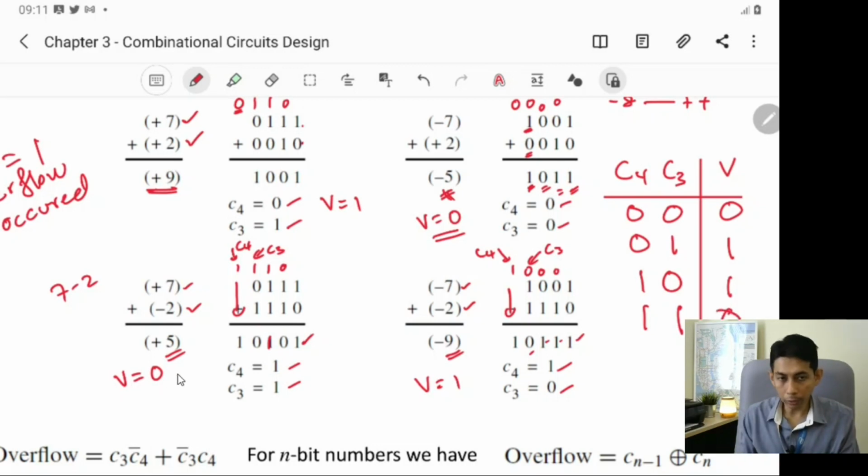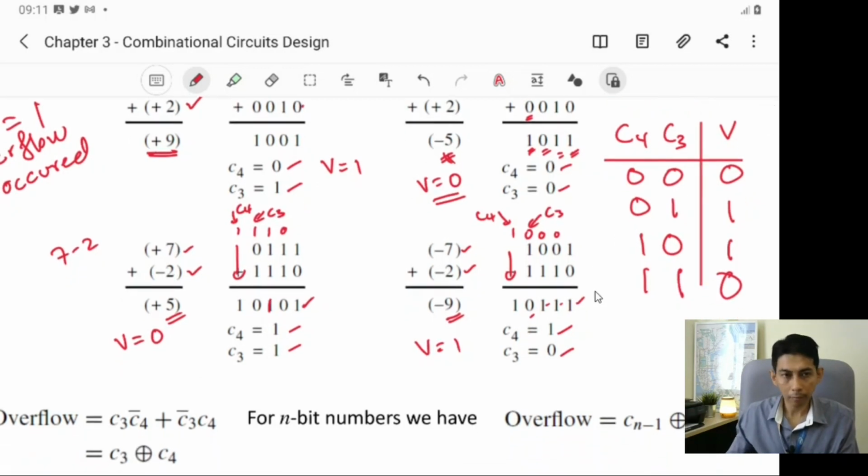So when we look at the behavior, or the relation between C3, C4, and V, we can observe something here. This looks familiar.